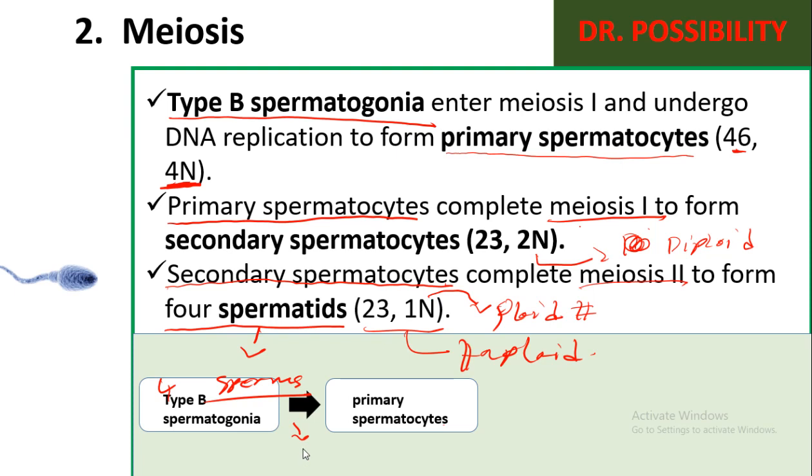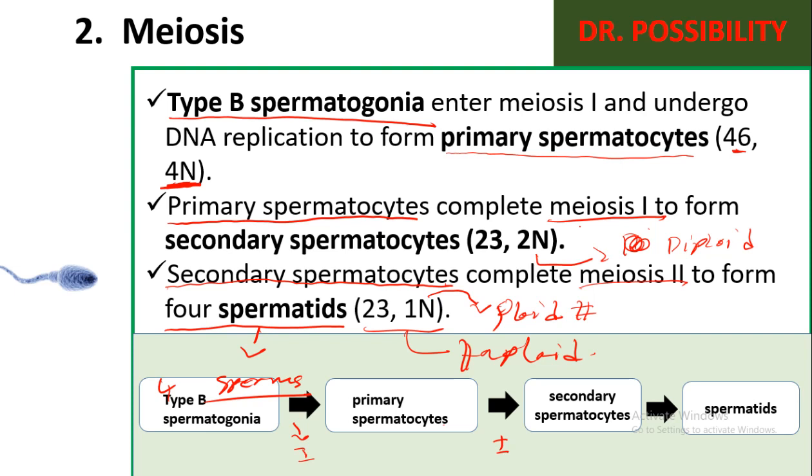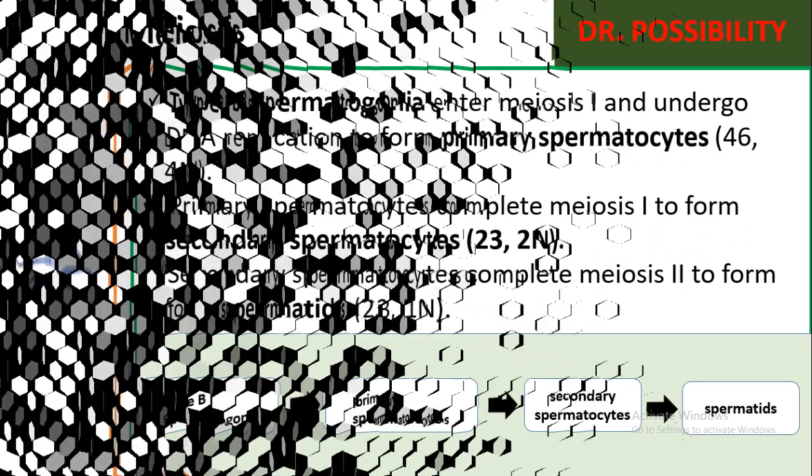Then the primary spermatocytes are going to give us secondary spermatocytes, and here there was also meiosis 1. And from there, the last part which happened during this process was the spermatids.